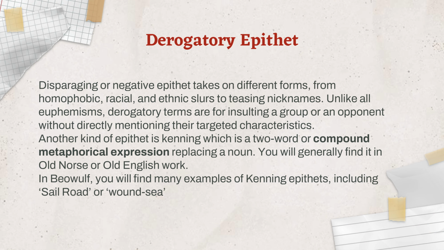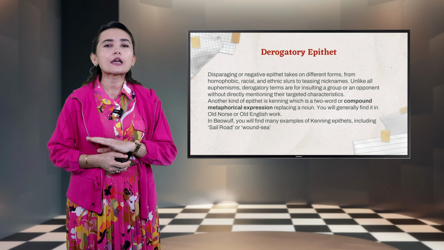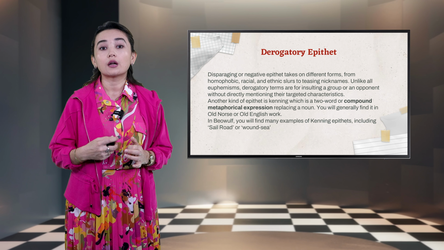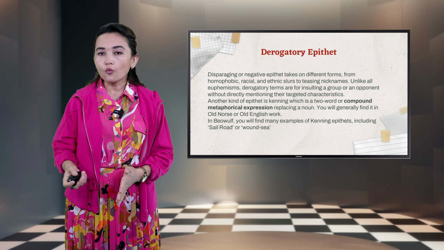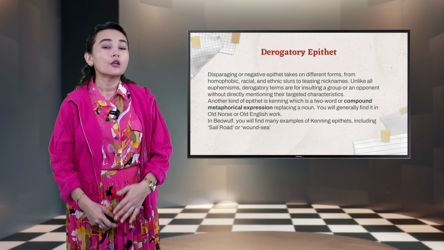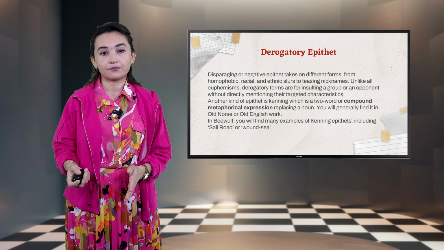Derogatory epithet, disparaging or negative epithet, takes on different forms from homophobic, racial, and ethnic slurs to teasing nicknames. Unlike euphemisms, derogatory terms are for insulting a group or an opponent without directly mentioning their targeted characteristics.